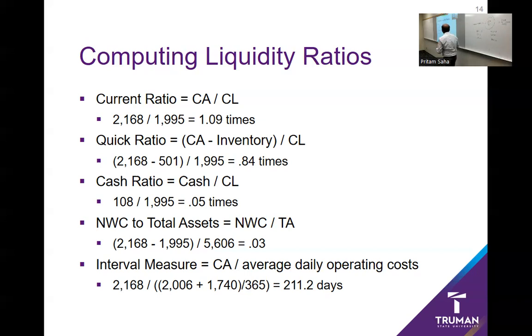There is no threshold for how much quick ratio we should have. Higher is always better, and higher is a sign of better liquidity. But for the current ratio, at least one. That's the threshold. This ratio is also known as the acid test ratio.